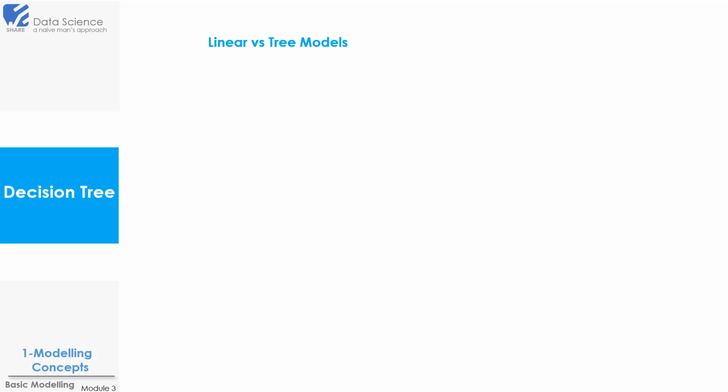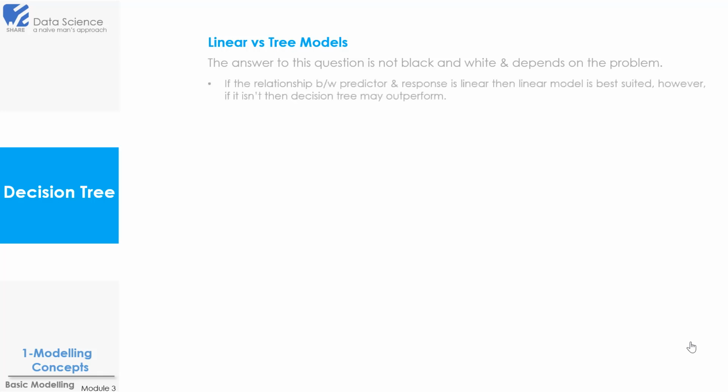Now the next question is, we have linear models as well as tree models. But how do we choose which one is best and which one is to be used? Well, the answer to this question is not black and white, and it totally depends on the problem at hand. If the relationship between predictor and response is linear, then a linear model is best suited.